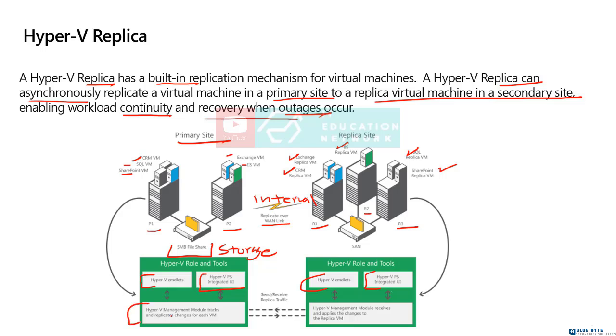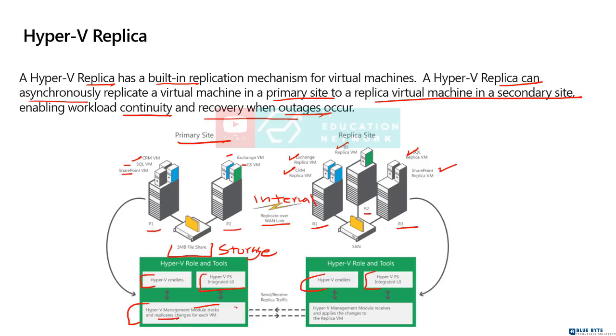There's also a Hyper-V management module that tracks and replicates changes. So you perform your initial replication. After your initial replication, this management module just tracks changes that occurred since the last replication. Whatever your replication interval actually is, it then just replicates those changes.